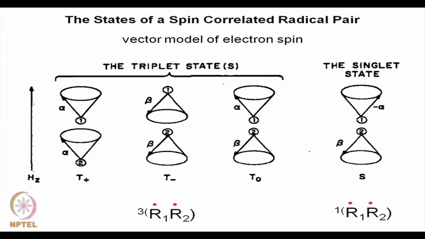So what do we get out of it? Spin chemistry is a new branch of chemistry where we deal with spins. When it is a question of spin and radical pair mechanism, this mechanism is called the radical pair mechanism.